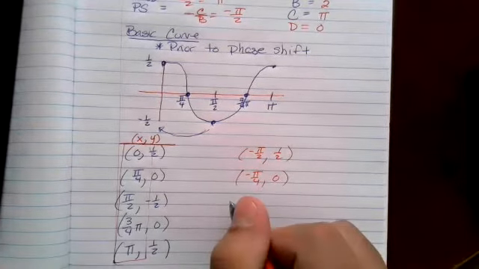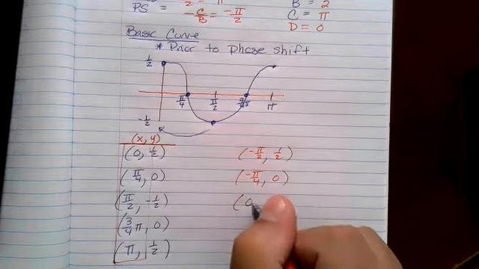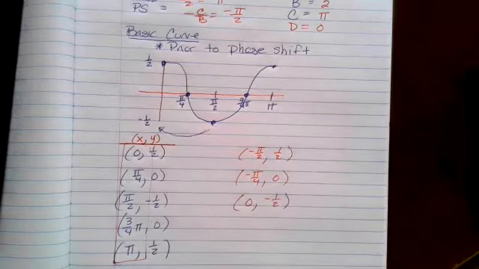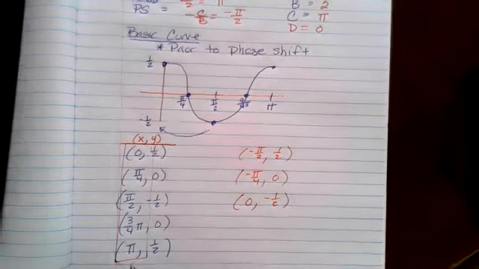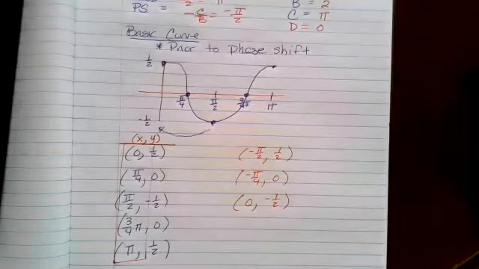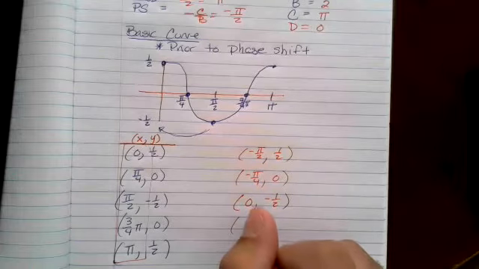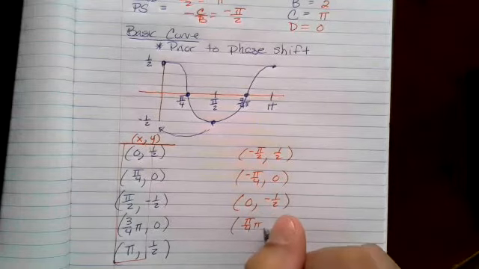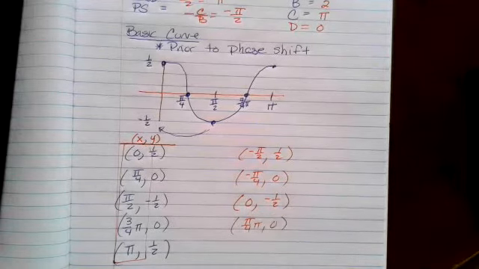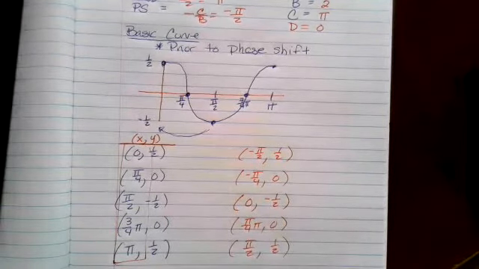Half away from a half is going to leave me 0. 3/4 minus 1/2. And pi minus 1/2 would be half pi. So those would be my new points.